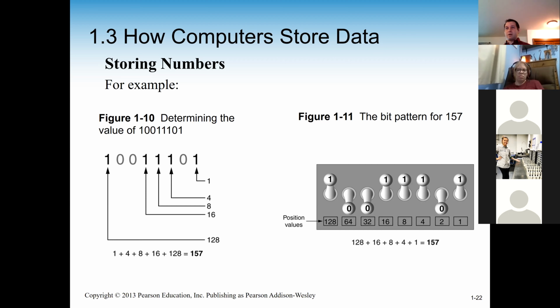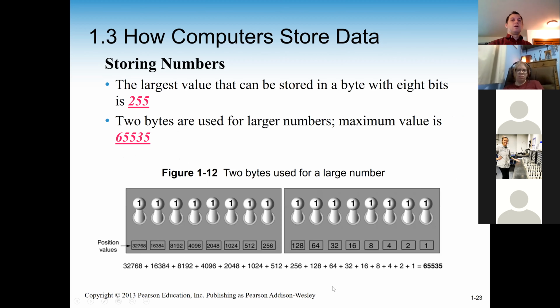Obviously, we have numbers that are larger than 256, and for that we need more bits. If I want to represent a number like 60,000, then I would need 2 bytes, used for a larger number.